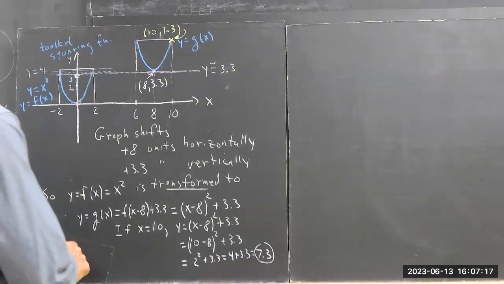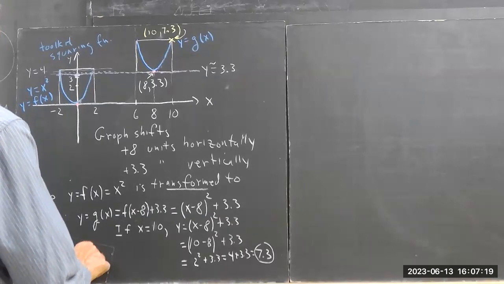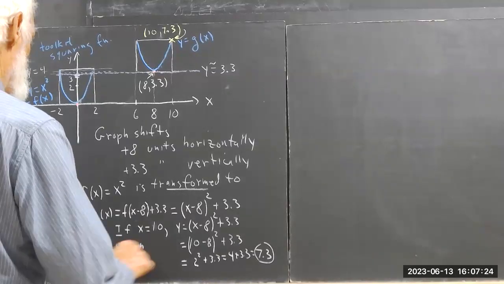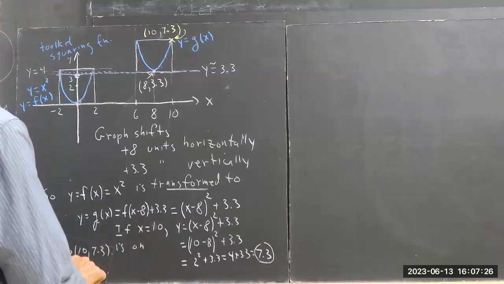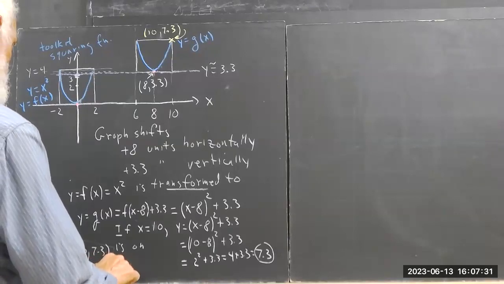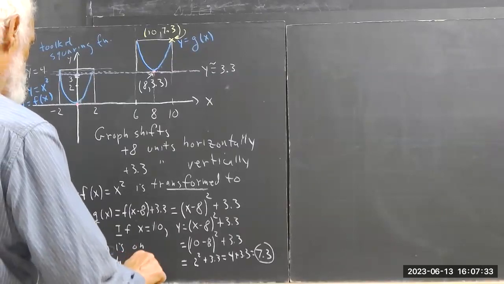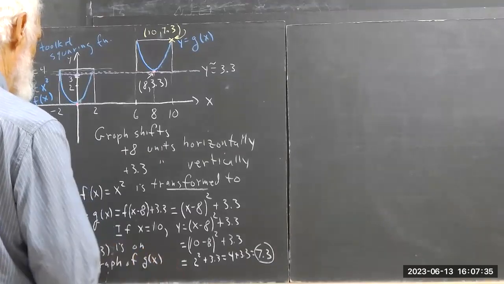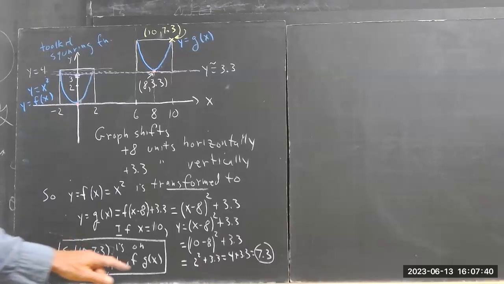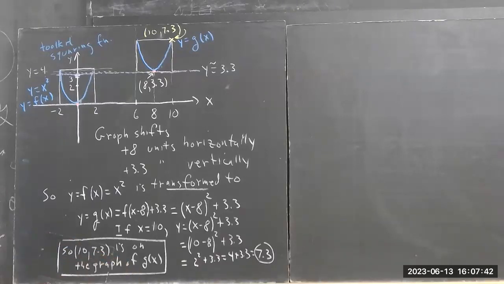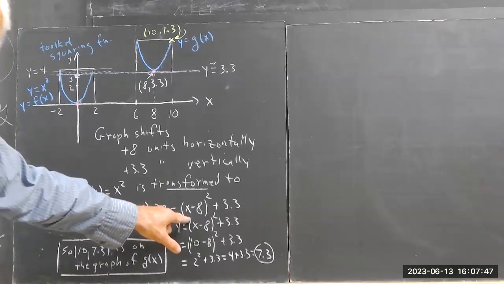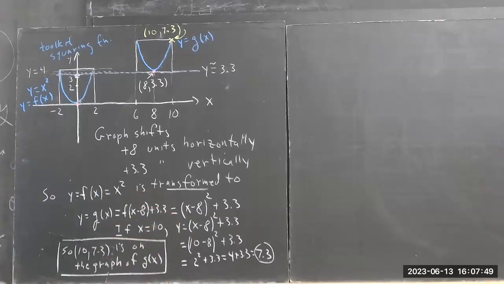Okay, so the point (10, 7.3) is on the graph of g of x, if this is the algebraic expression for the g of x function.